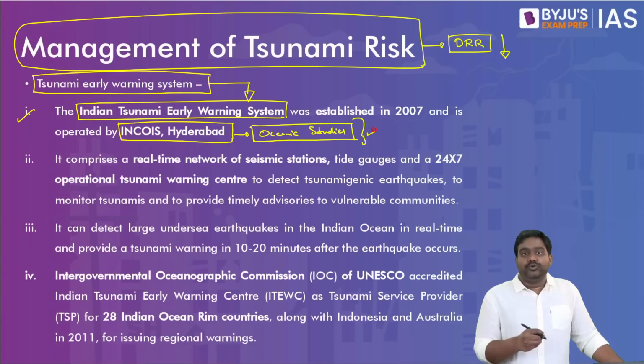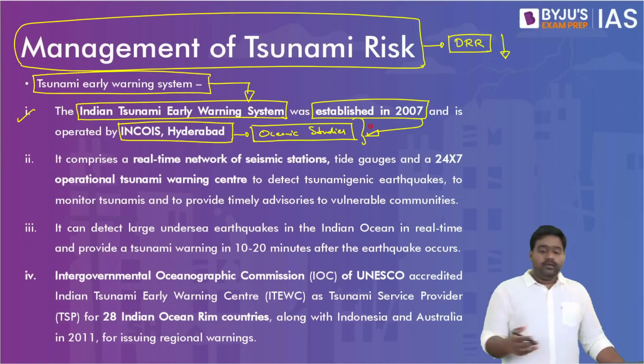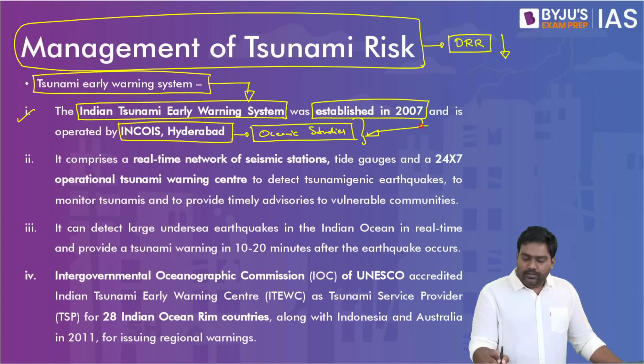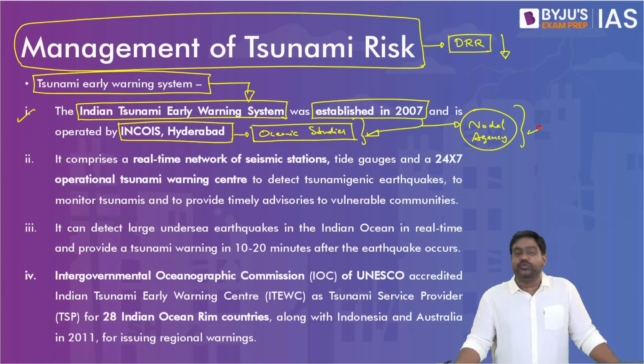This institution established a working, efficient, and reliable tsunami early warning system in 2007. This has been scaled up since then, and it has become a very reliable early warning system. INCOIS is the nodal agency to detect tsunamis and provide early warning for tsunamis.